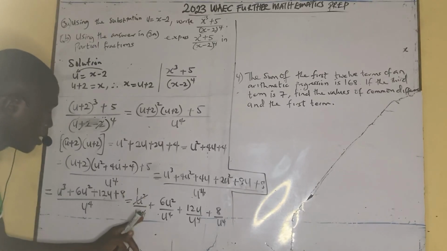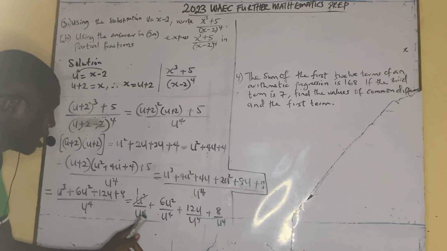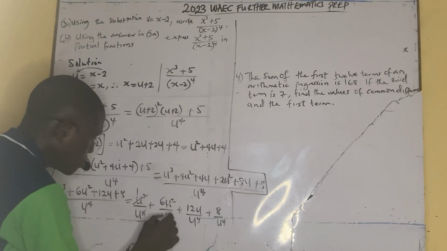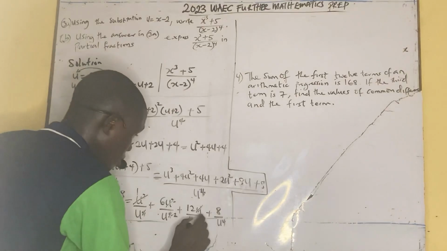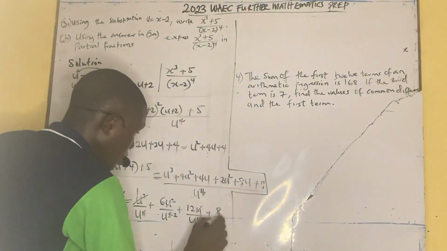By doing this, u raised to power 3 will cancel 3u and then 1u, this one will cancel 2u, and this one will cancel 1u, remaining 3u, and this one will not cancel.